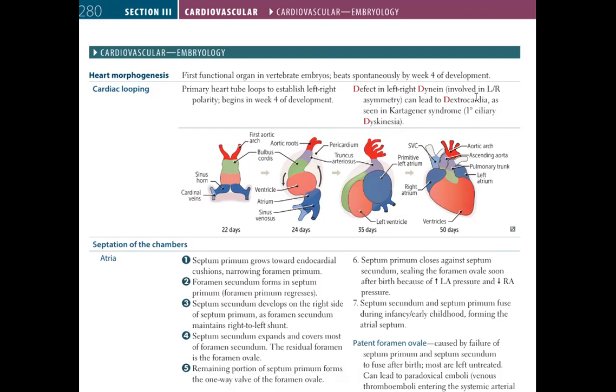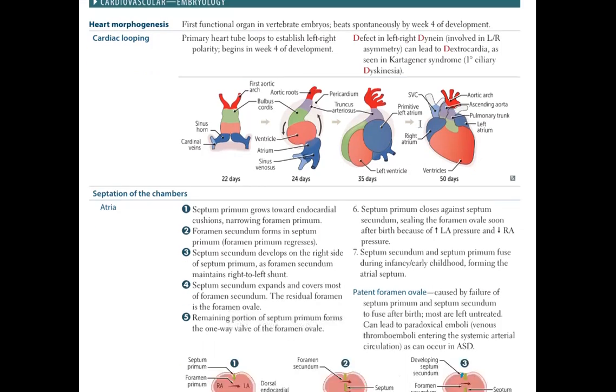So remember Kartagener syndrome, the classical feature is dextrocardia, it is a primary ciliary dyskinesia problem, and there is a defect in dynein. All this whole process is what I've explained to you up till here. But the formation of this complete heart is what we will study now.